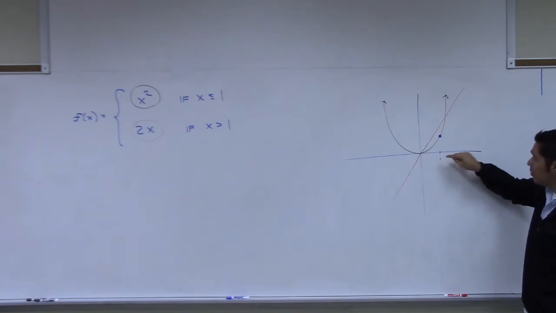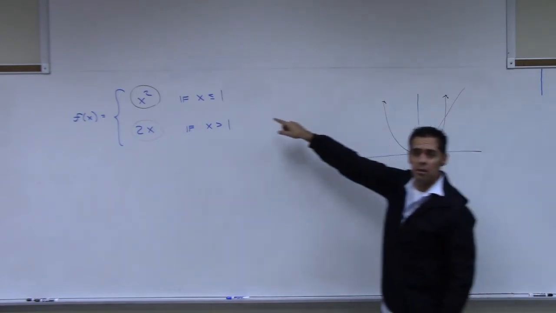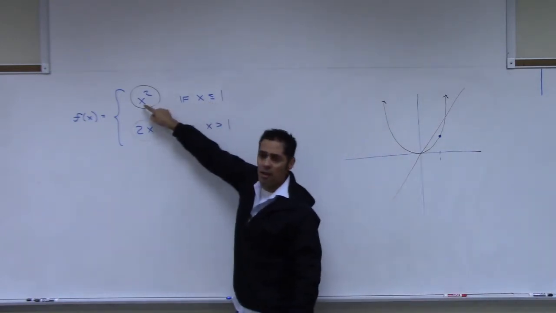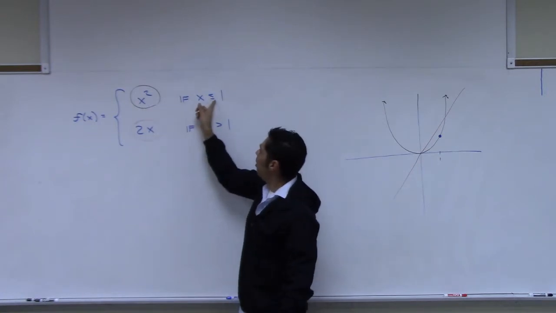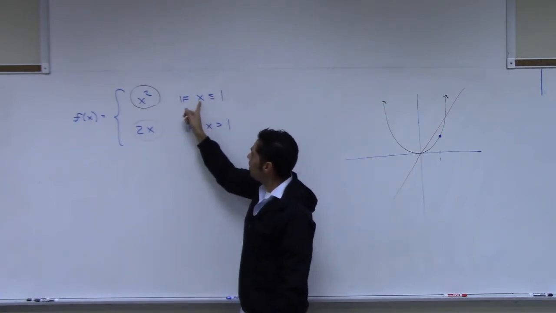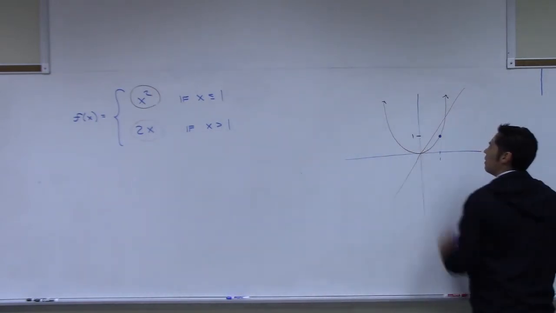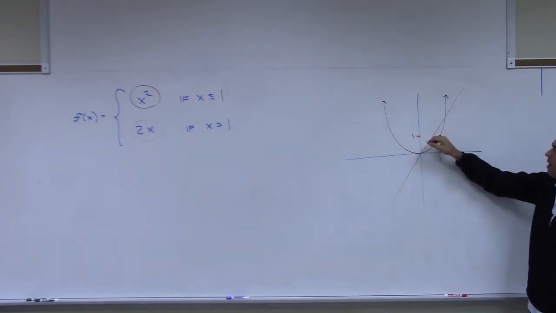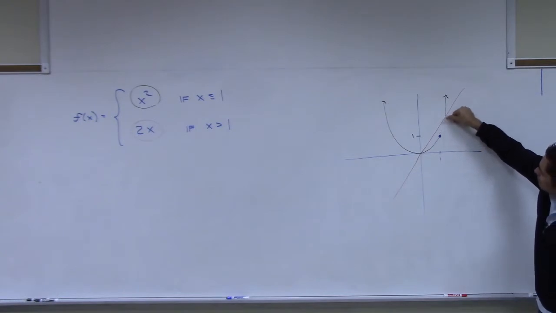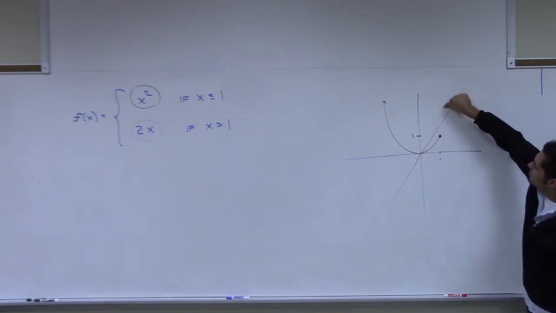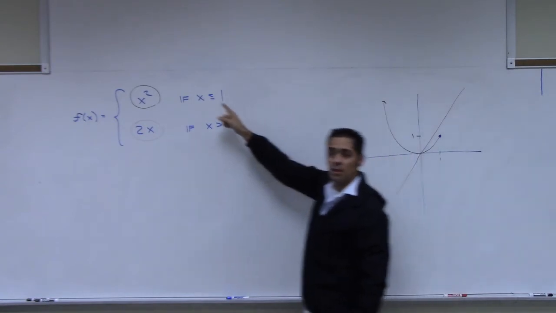Why? Can I plug 1 into this function? Yes, and when I do, it plugs into this one, because of the little bar underneath. So if I plug in 1 here, I get 1 squared, which is 1. Everything to the right of that on the parabola, I would erase, because I'm only supposed to have the parabola to the left of 1.